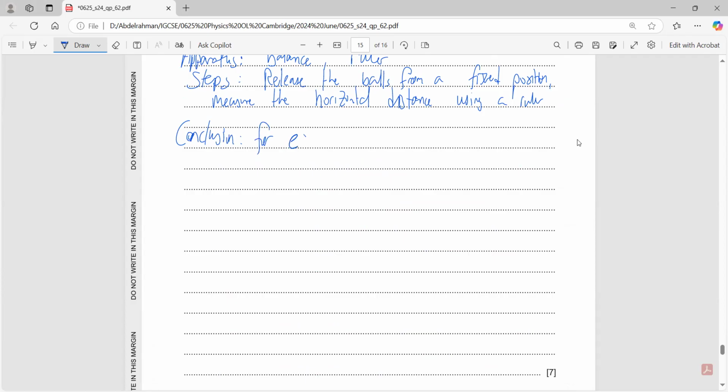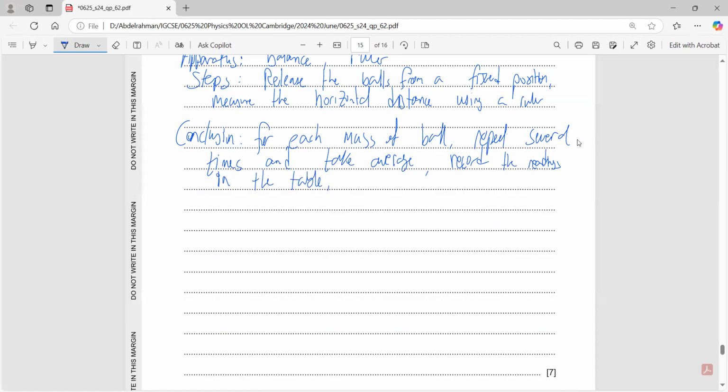For each mass of the ball, repeat several times and take average. Then record the readings in the table.